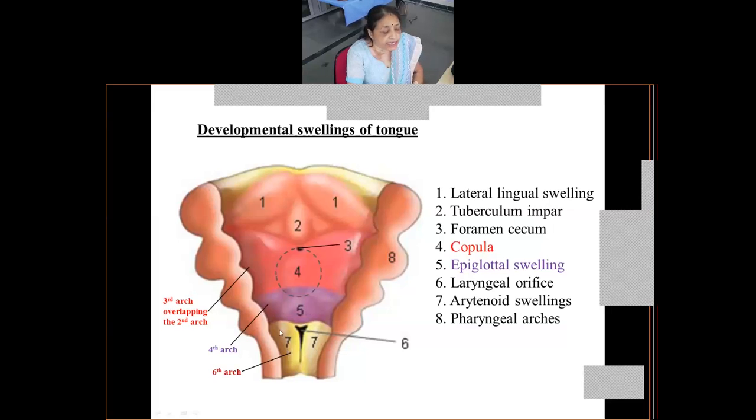From the sixth arch, the other cartilages like the arytenoid cartilage and the cricoid cartilage develop. Between the arytenoid and cricoid there will be an opening, the laryngeal opening. This is the fourth arch, this is the sixth arch, this is the third arch.